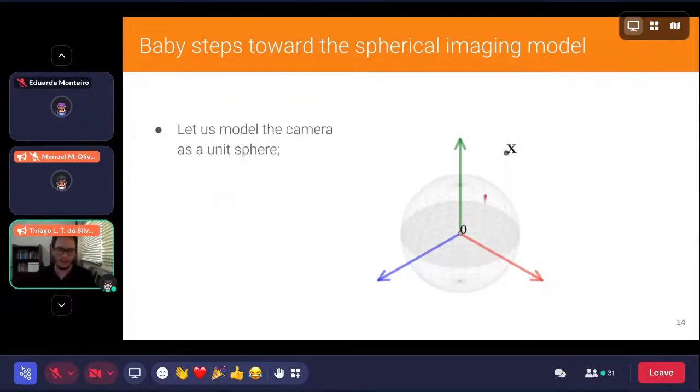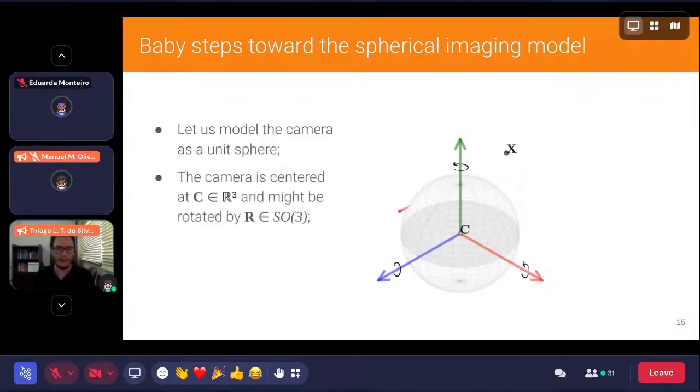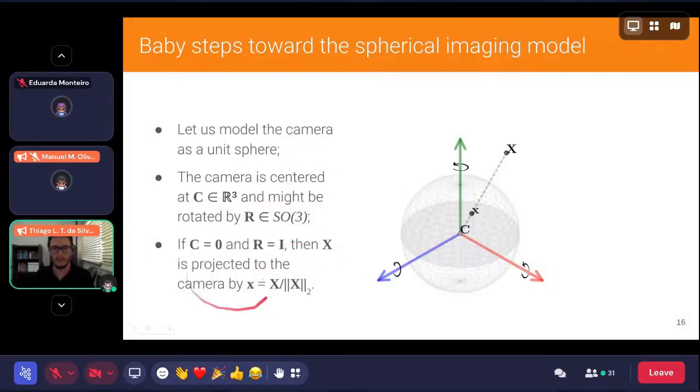Then we can think of our camera as a unit sphere, and we can think that this sphere can rotate, as we talked before. If we assume that this camera is aligned to that world coordinate system and centered at this world coordinate system, we have this simple formula for projection.